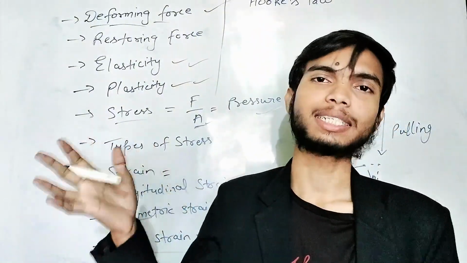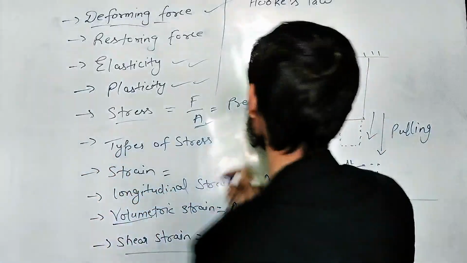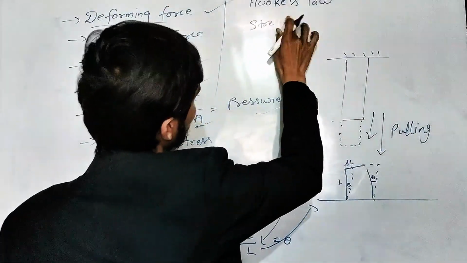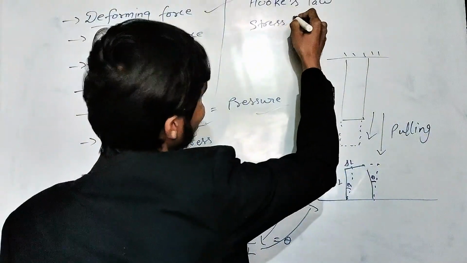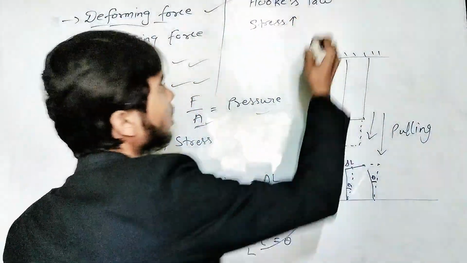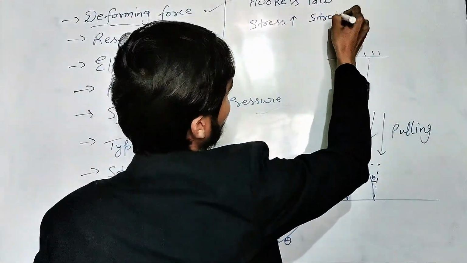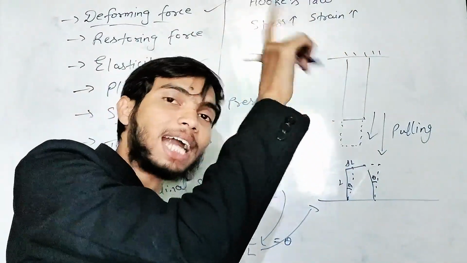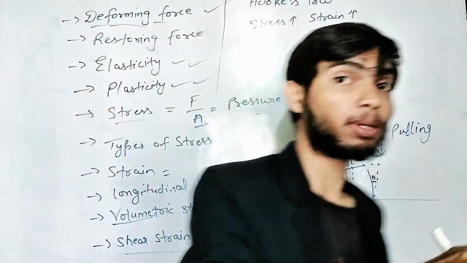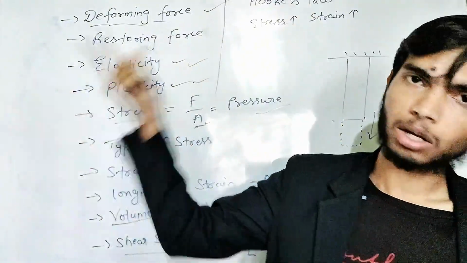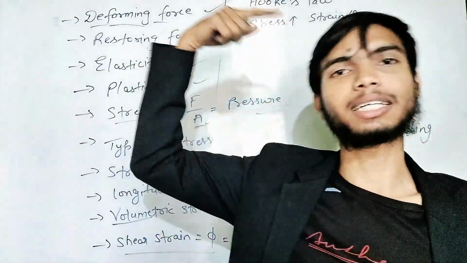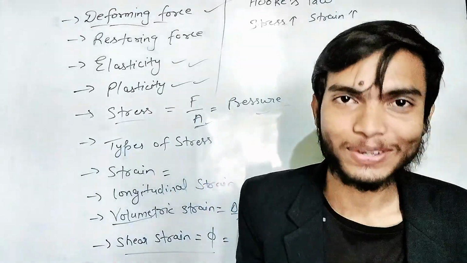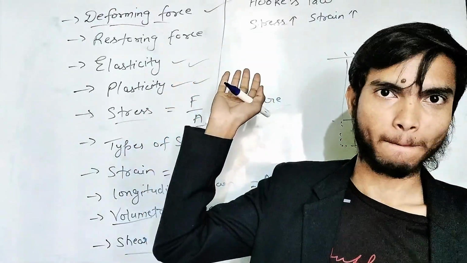It means if stress is increasing, then strain will also increase at the same time. If you increase stress, you will see that by nature strain is also increasing. And this was Hooke's law.